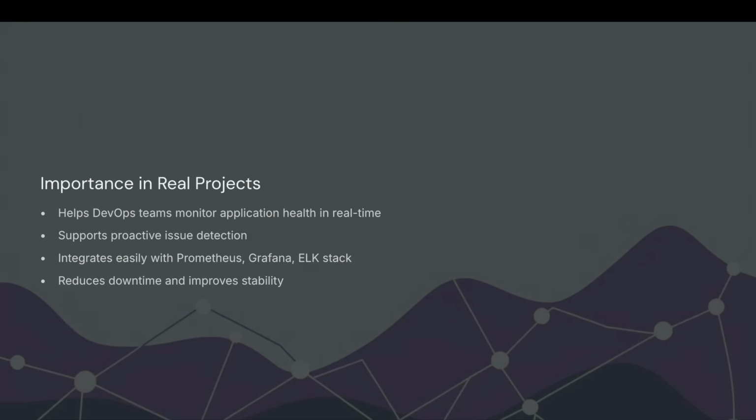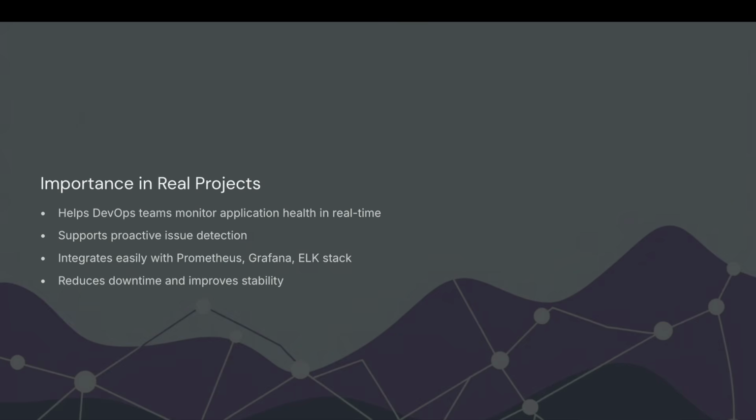Now let's talk about what is the importance in a real world project, how it helps us in a project. So it helps the DevOps team to monitor application health in real time. Like they can check the health status of your application anytime with the help of the Actuator endpoints. It also helps in proactive issue detection.